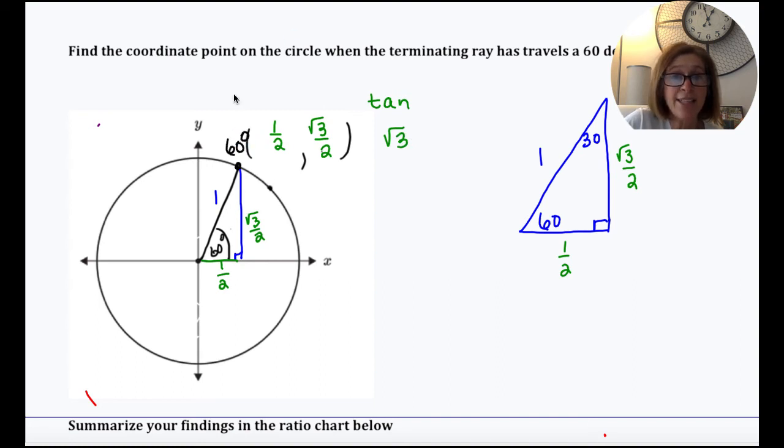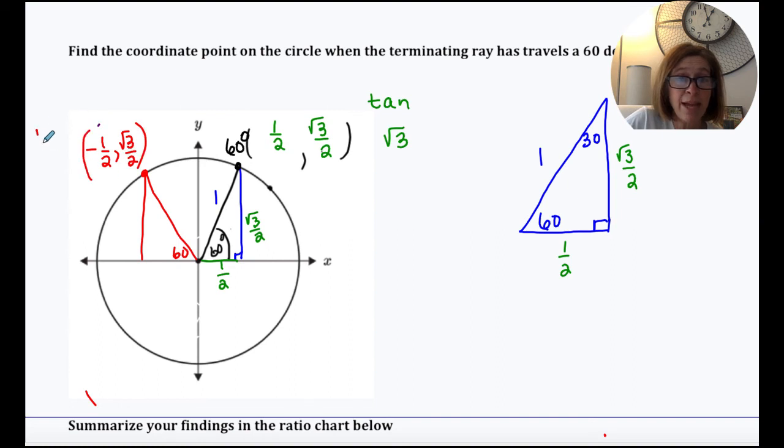So if I reflect that, I'm going to be at 60 degrees right here. The coordinate point, x negative, y positive. So then tan would be negative. But the rotation would be 180 minus 60, so it would be 120 degrees. Okay, if I do that again, I go into quadrant 3.